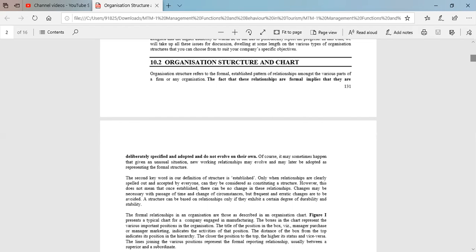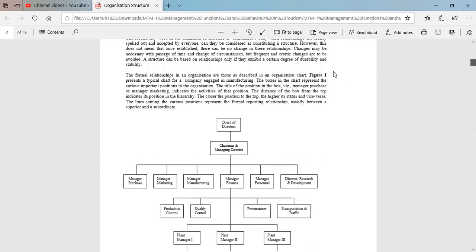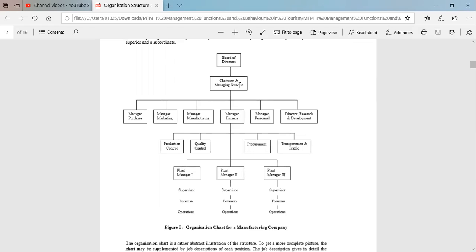So this is what the definition is, and the chart, the example is given. See the chart. So this is hierarchy. So this is a structure. So the board of directors will be the decision makers. After that, the chairman and managing directors. So who are the members of the board of directors? The person who has shares in the company. Like who are the owners, partial owners.